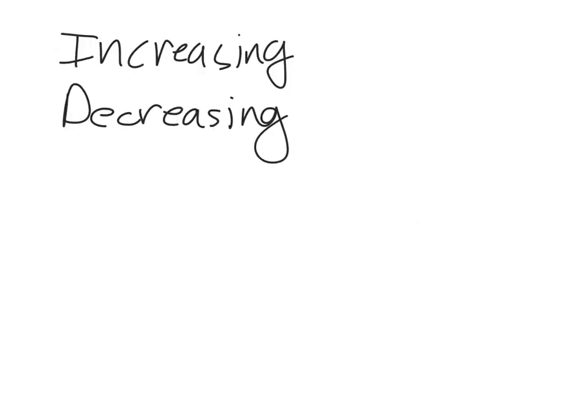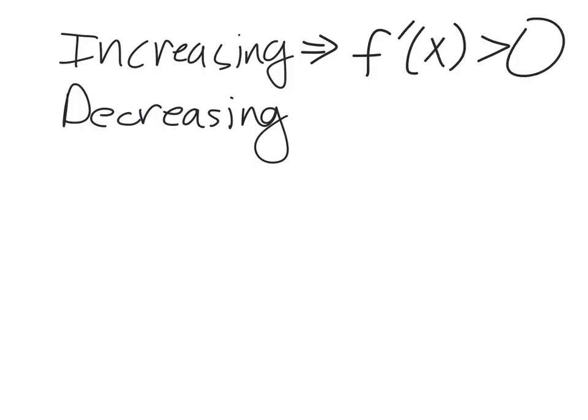Now, we next talked about where a function would be increasing, where a function would be decreasing. And what did we find where the function was increasing? What characteristic would be increasing part? Okay, where the first derivative is positive or greater than 0. And decreasing would be where the first derivative is negative.